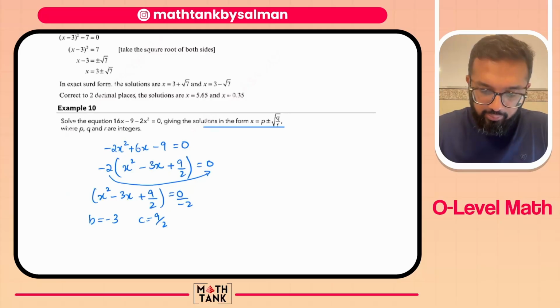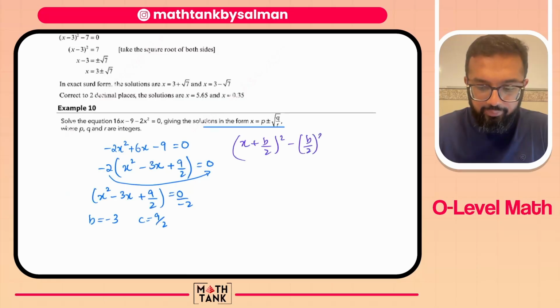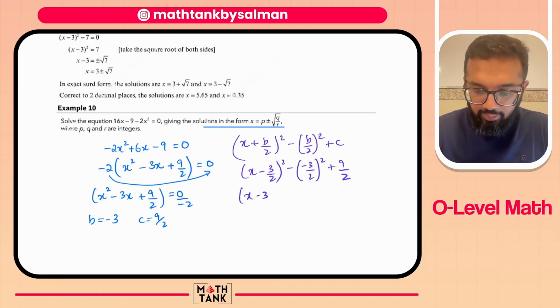So I'm going to write my completed square form first like that, so that I don't make a silly mistake. So x minus 3 over 2 whole squared minus 9 over 4 plus 9 over 2.